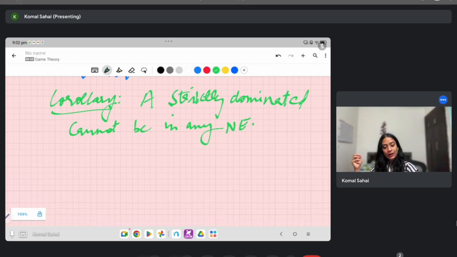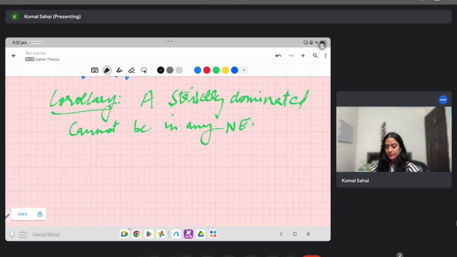So कोई भी Nash equilibrium है, पहले तुम you can just eliminate any strictly dominated action, it will not be part of any Nash equilibrium. अगर मान लो कि you have more than 2, 3, 4 actions हैं, बड़ा सा matrix है, तो you can start by eliminating strictly dominated strategies, right.